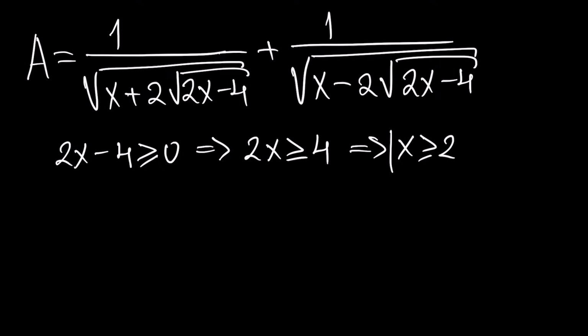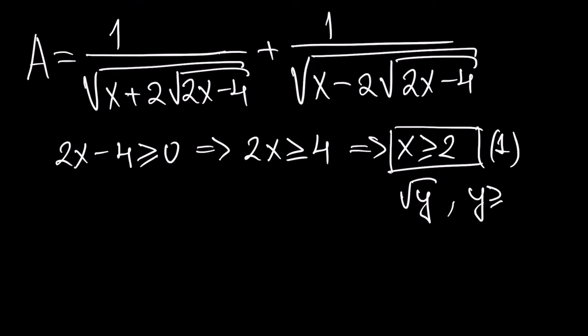This is the first condition for x where our expression exists. Why do we write this? Because the square root of y is defined where y is greater or equal to 0, because we are assuming only real numbers, we are not talking about complex numbers.